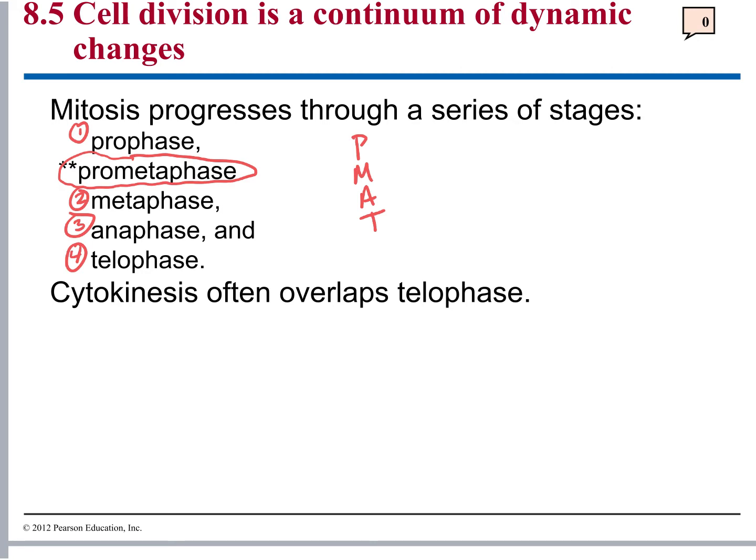The second subphase of the mitotic phase is cytokinesis, and a lot of times that is occurring at the same time telophase is. But remember, cytokinesis is dividing up everything else.